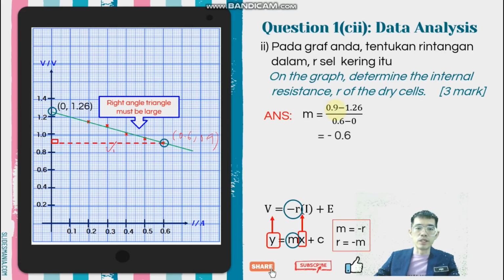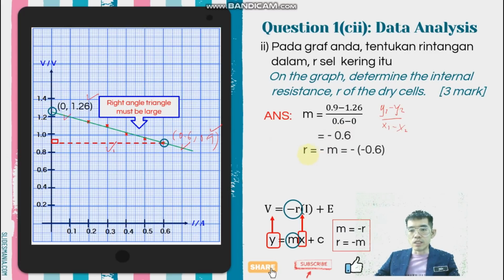So the gradient we get will be y1 minus y2 divided by x1 minus x2. The y1 here will be 0.9, y2 will be 1.26, and x1 will be 0.6 minus 0. So we get negative 0.6.